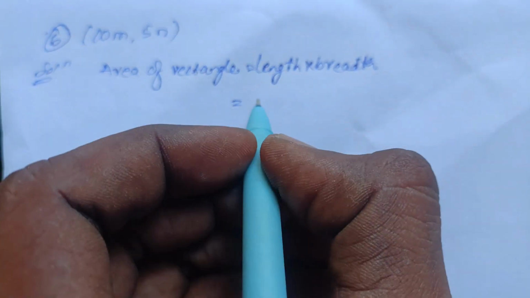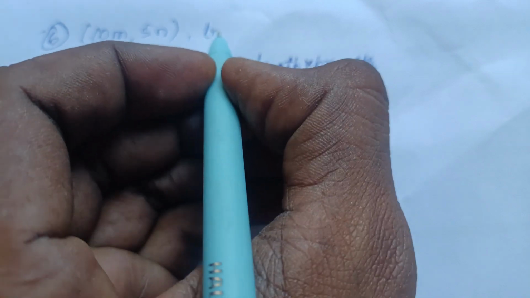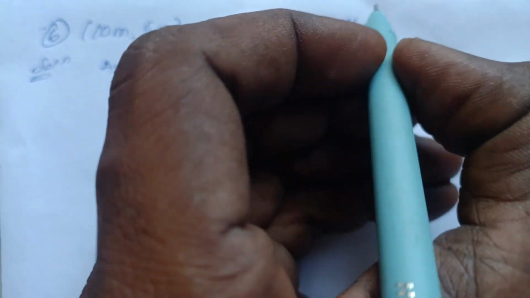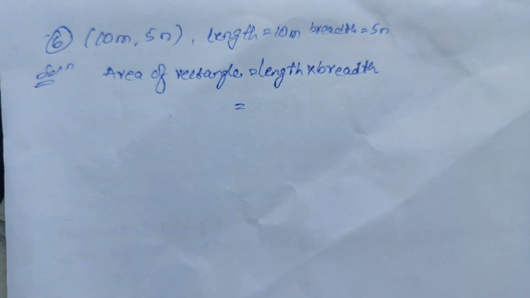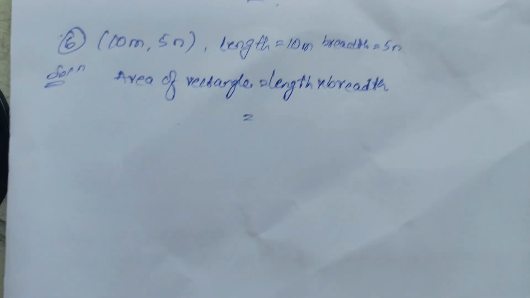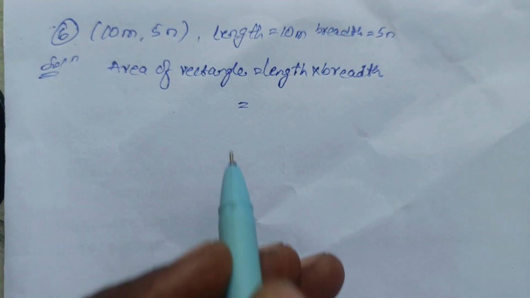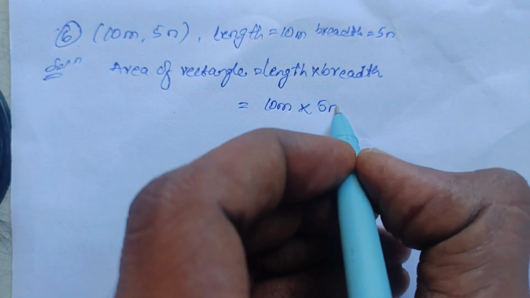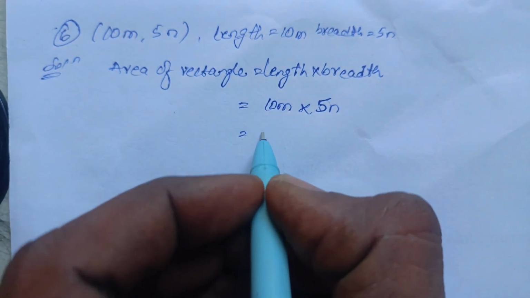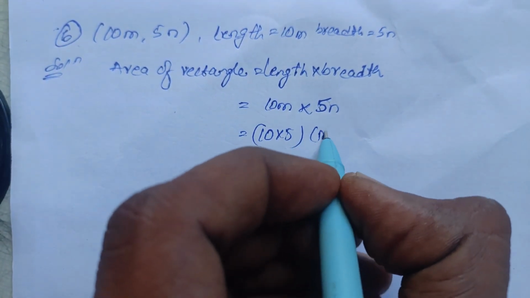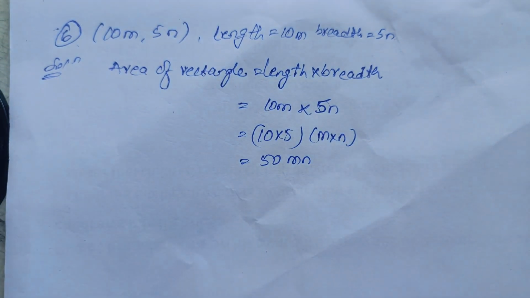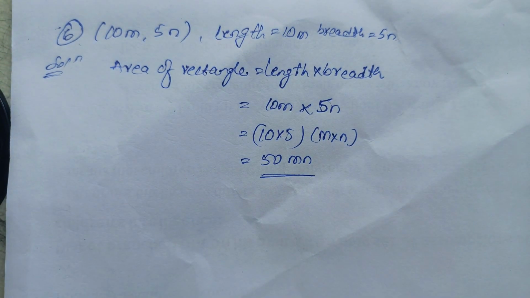So now here in this, length is equal to 10m and breadth is equal to 5n. So let's substitute. The length is 10m, breadth is 5n. So 10 into 5, m into n. 10 5s are 50, m into n, mn. This is the area of the rectangle.